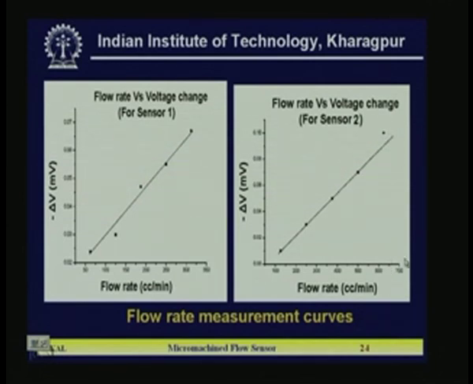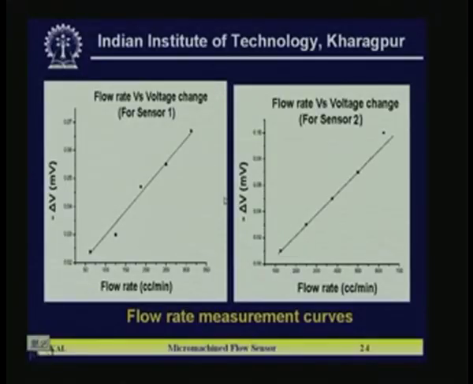You can find here up to 100 to 700 cc per minute, and here for sensor 1, 50 to 300, you can get a very linear curve. The nature is linear, and there is a minus delta V, because whether your resistance increases or decreases, the voltage will also change accordingly.